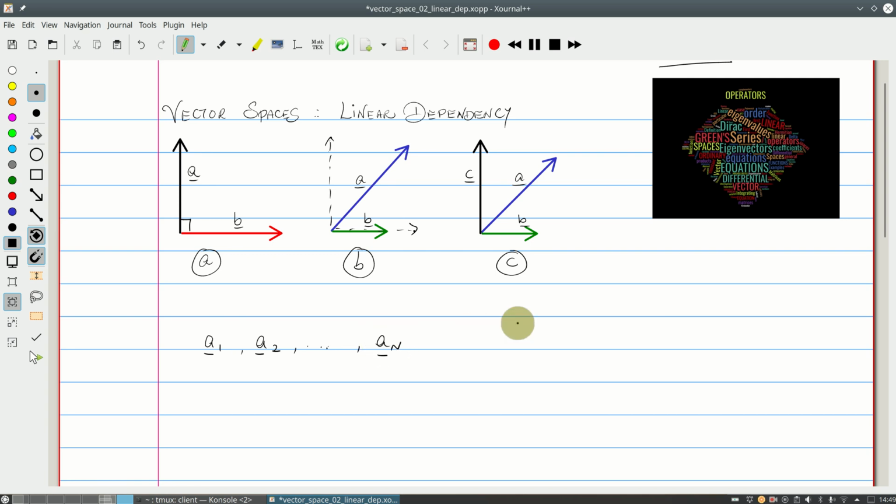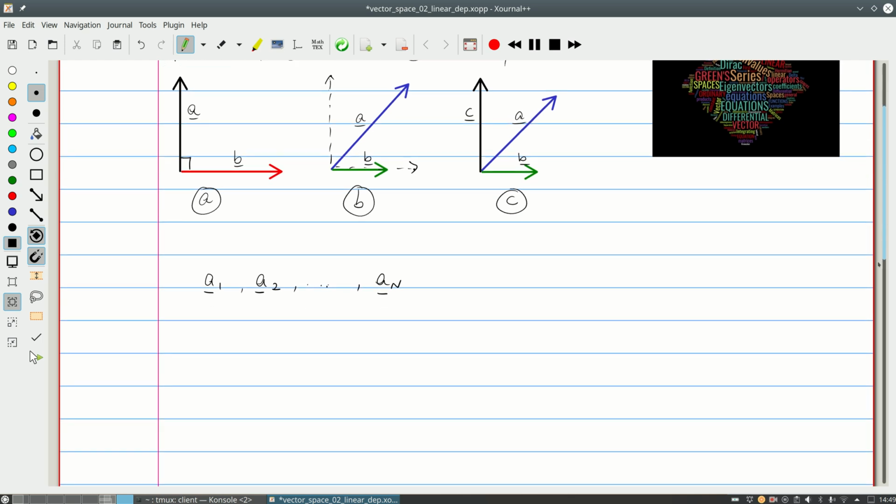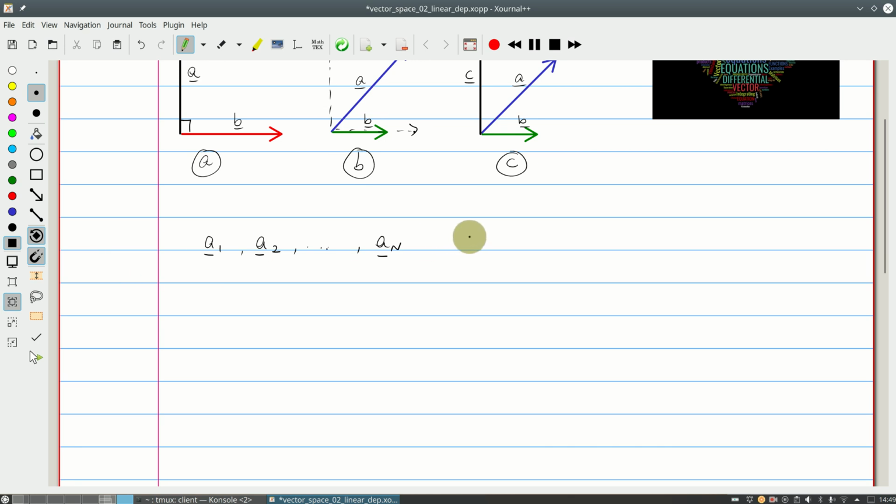We've got n vectors here, and these vectors all belong to our vector space, and let there exist scalars. Let's call them lambda 1, lambda 2, all the way to lambda n, and these scalars belong to our set of complex numbers.